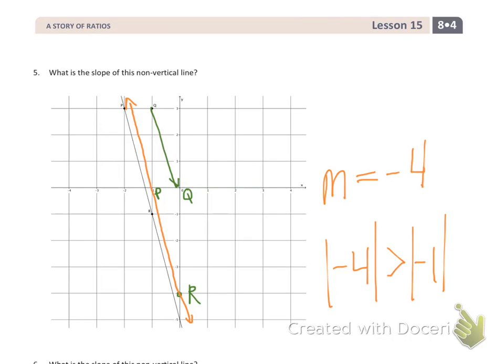Because 4 is greater than 1. And so with negative slopes, we just want to look at the actual value of the number. And the -4 slope is going to be a steeper line because it has a greater absolute value than the -1. Okay, we've got one more example, and then we'll be ready to summarize and go to the problem set.